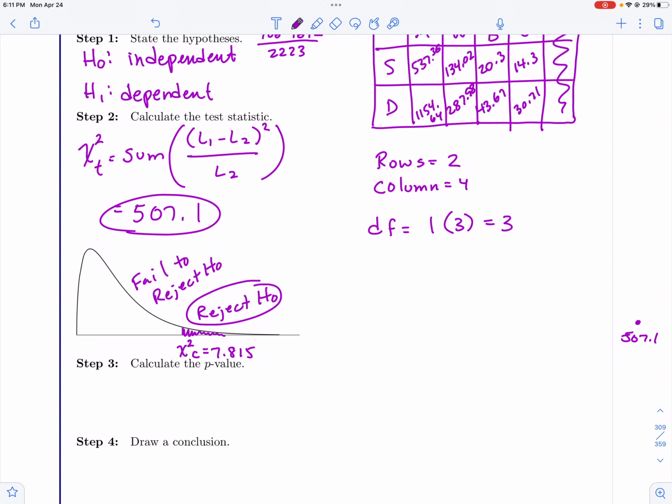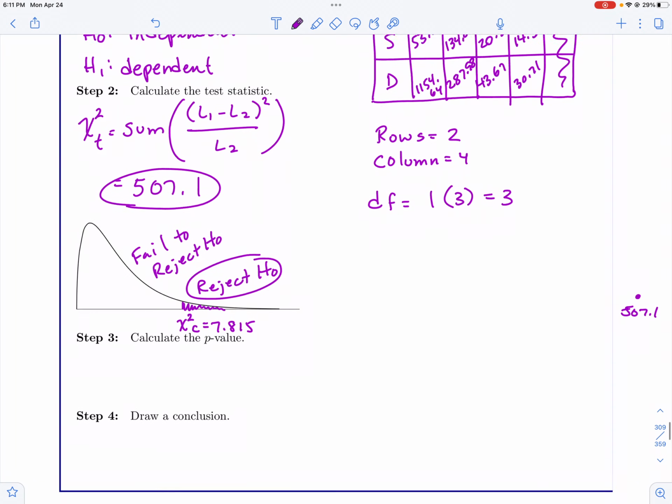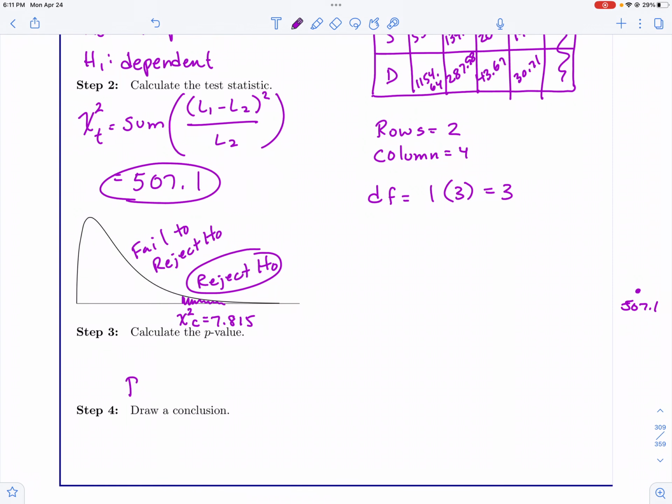So let's go ahead and figure out what our p-value is and compare this and hope it's the same. So we're going to get chi-squared CDF of our chi-squared sub t, so 507.1, comma, some ridiculously big number, comma, our degrees of freedom of 3.